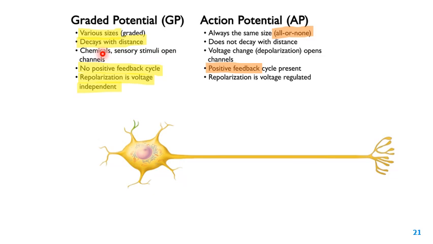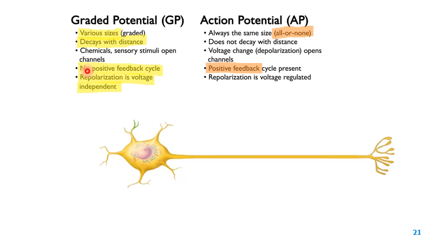Now, what kind of signals are going to be causing changes in this membrane polarity? Basically, you can have all kinds of signals. You can have chemical signals or stretchy signals, right? So it's not just an electrical signal, in comparison to the action potential that is only electrical. Also, in these signals here, you do not have that positive feedback.